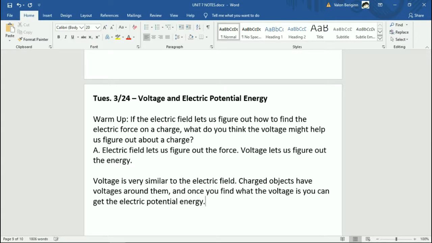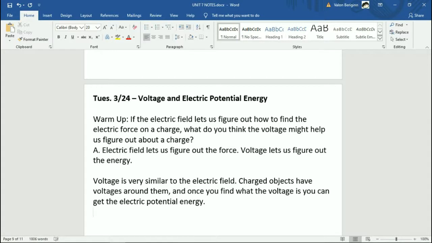Okay, it's the exact same kind of idea as the electric field and the electric force. However, there's two things that are different. The first is that, well, as you may imagine, since it is different, it's not the exact same formula. It is a little bit of a different formula. But the other thing, and this is something that is actually very nice.